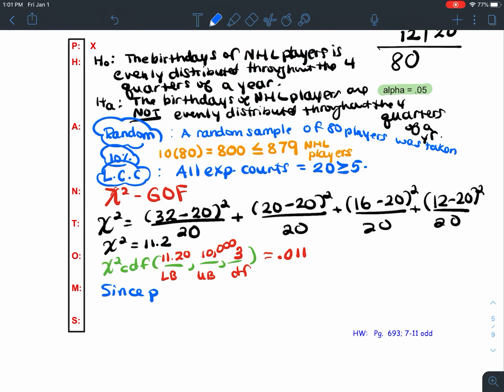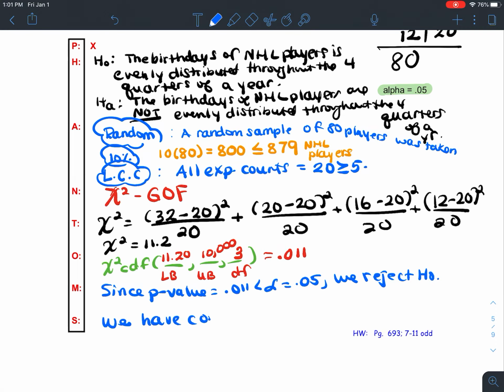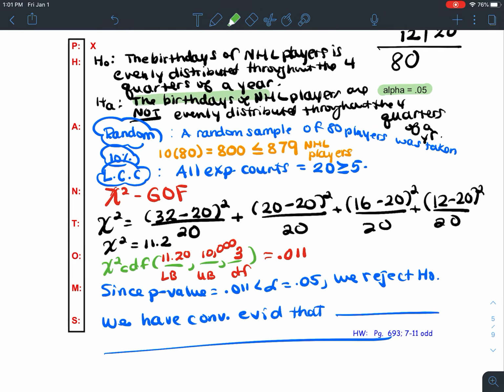Okay, our decision on this will be, since the p-value of 0.011 is less than an alpha level of 0.05, in this scenario, we would choose then to reject the null hypothesis and say that we have convincing evidence that, and after the word that, this is where you're going to list what your alternative hypothesis is.